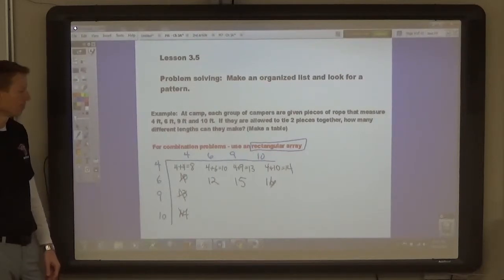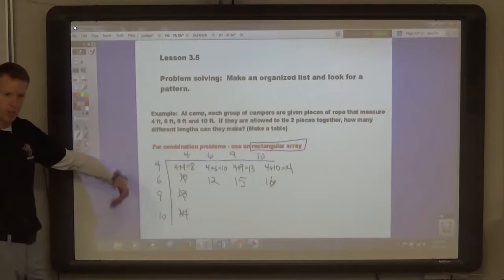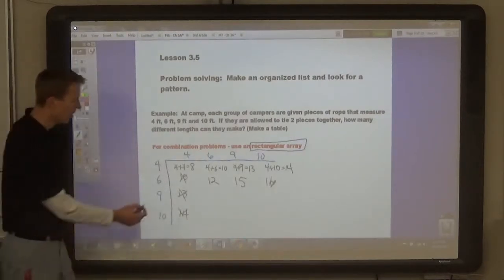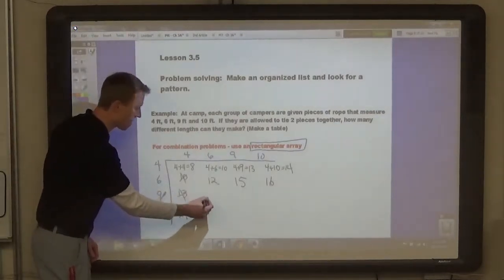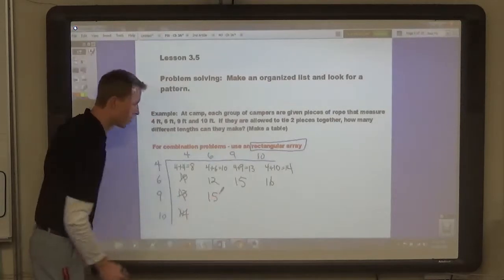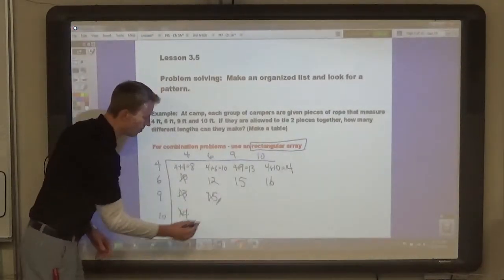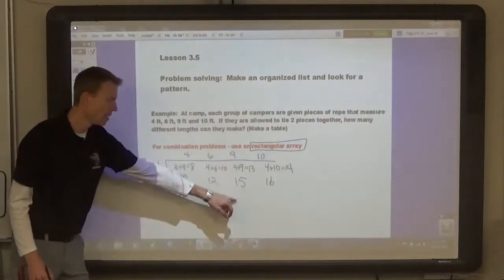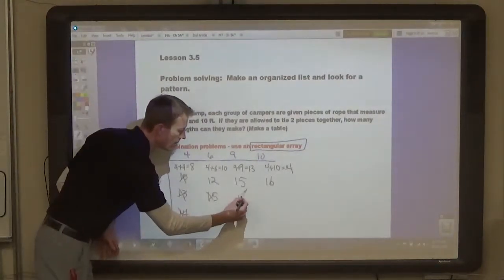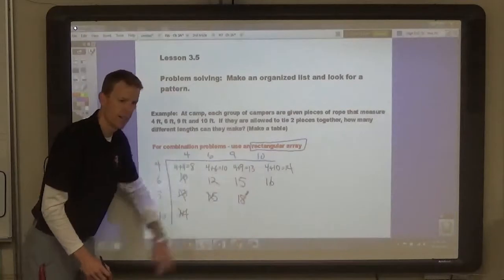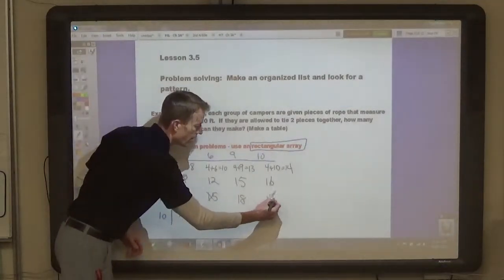And then we keep going. 9 and 6 is 15, but we've already got a 15-foot piece. 9 and 9 is 18. 9 and 10 is 19.